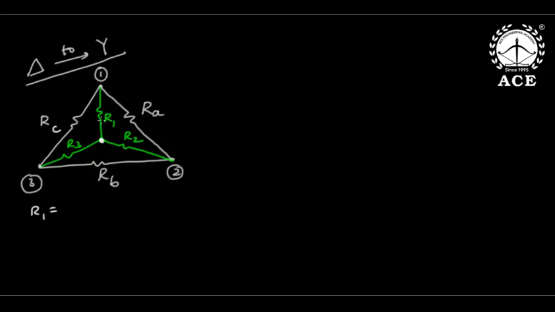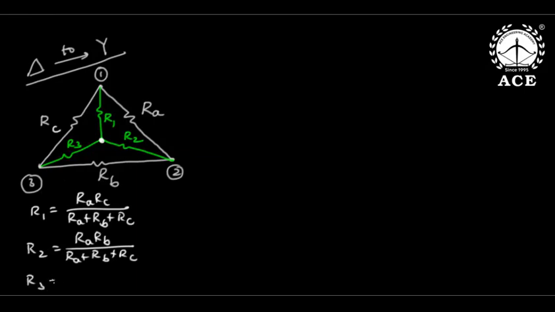Then what is R1? R1 is this into this. Adjacent to it you take. Adjacent to it is what? RA, RC, RA, RC by sum. Sum is RA plus RB plus RC. Then where is R2? Again, product of this by sum. What is the product? RA, RB by sum, RA plus RB plus RC.